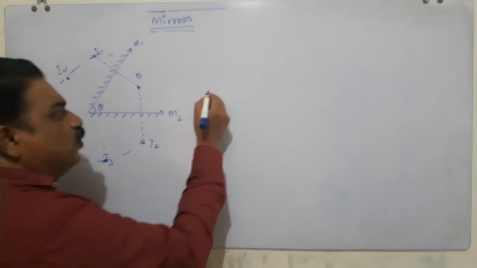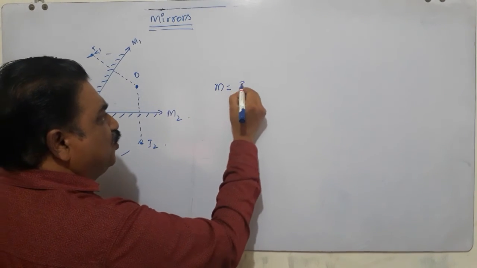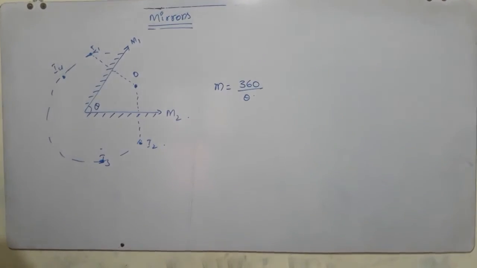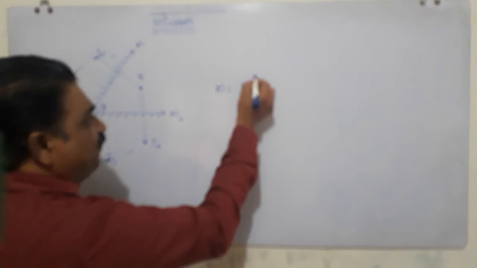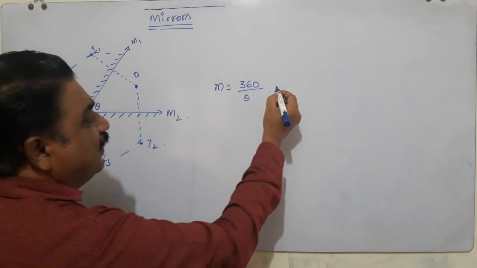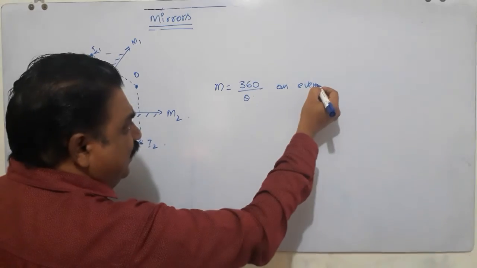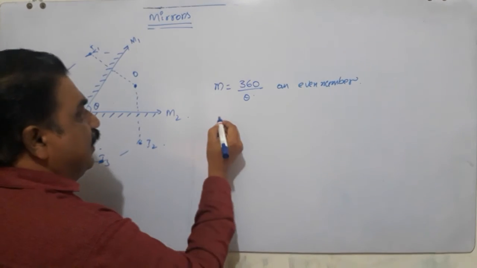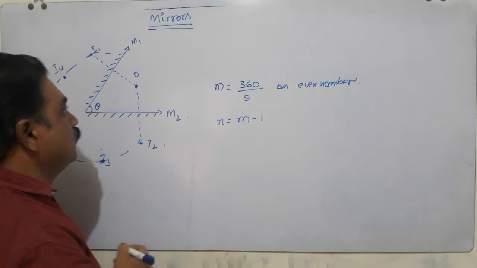First of all, you have to calculate the value of m, where m is equal to 360 by theta. For example, if this 360 by theta is an even integer, then the number of images n is equal to m minus 1.